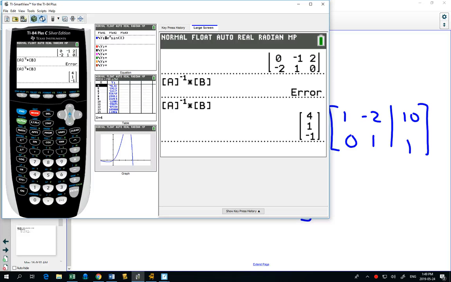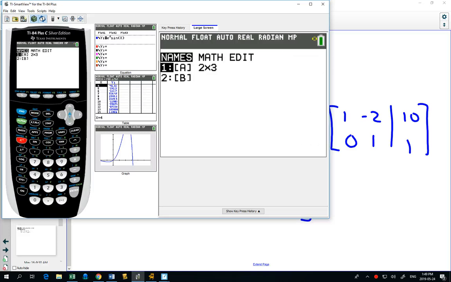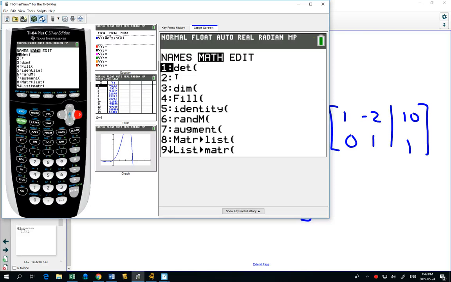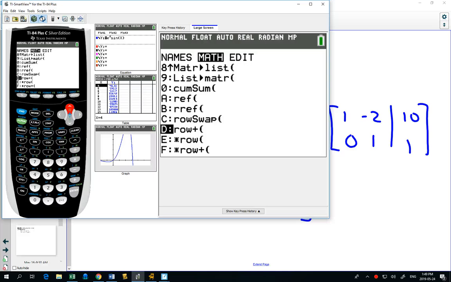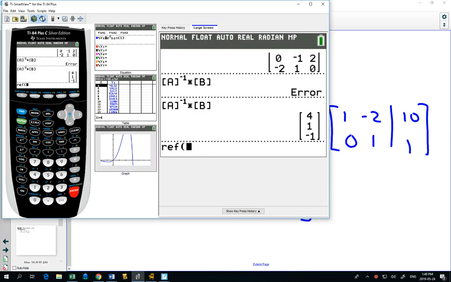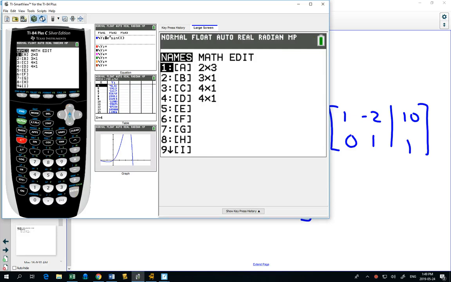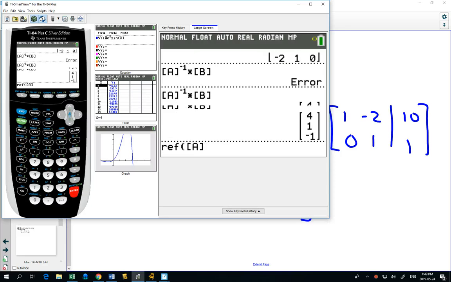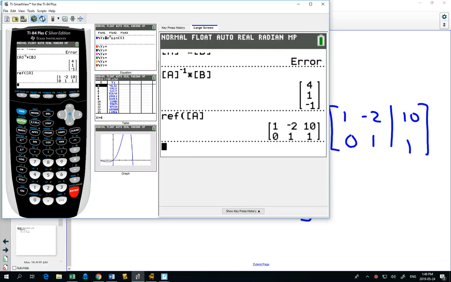And what you can do is you can go to your calculator. So if I go to second matrix and I go over to the math part, I'd already told you that there is a reduced row echelon form and a row echelon form. So if I push row echelon form of matrix A, it got it to this step for us, which is kind of nice.